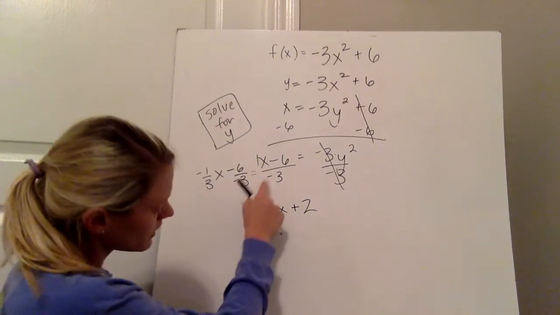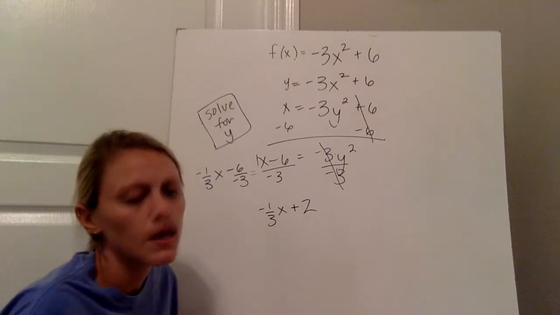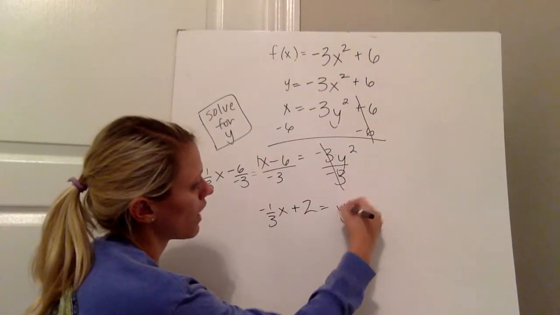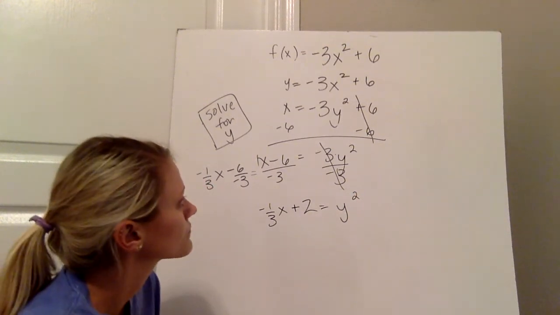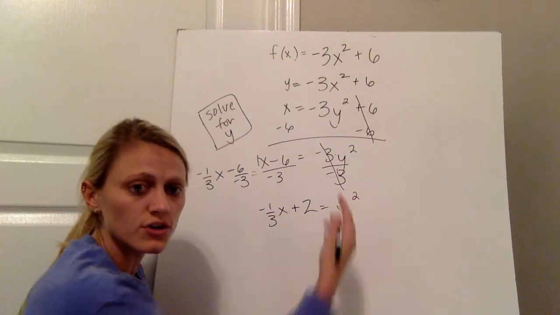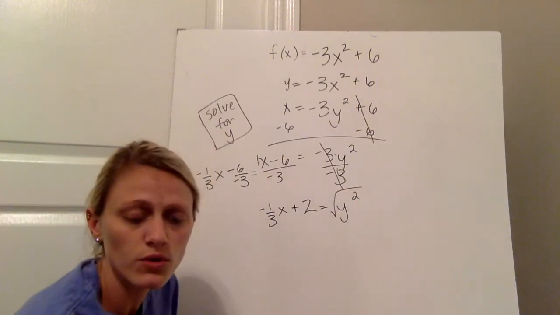All I did was divide both of those things by negative 3, and I've got negative 1/3 x plus 2. Don't forget, we've still got y squared. In order to get y by itself, you know the opposite of squaring something is finding the square root.